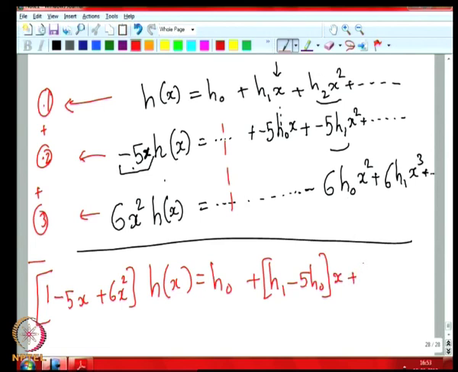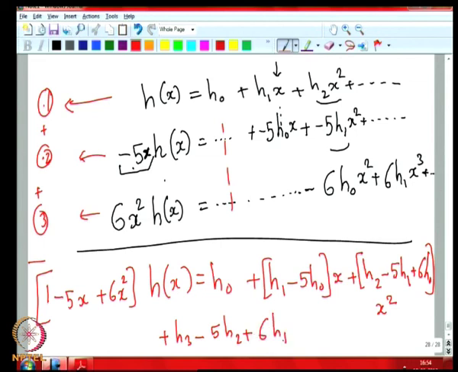Next term will be h2 minus 5h1 plus 6h0 into x square, and the next term will be h3 minus 5h2 plus 6h1, this term, right. So here we have h3 x cube, okay.